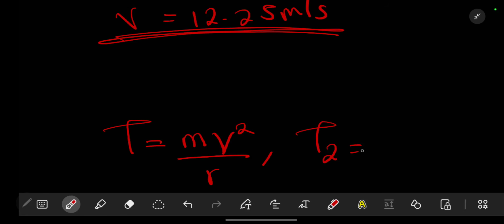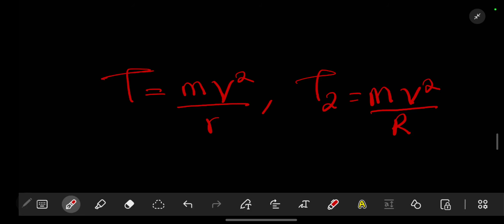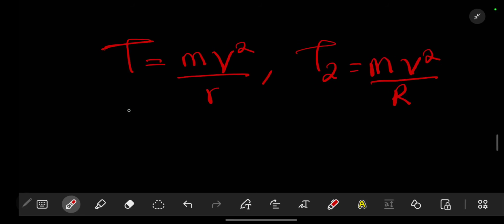Let's say T2 is equal to our mass, velocity squared over the major R. Now get this. The maximum tension here is 50. That means we can say the radius that is producing this 50 is 1.5. Let's see what happens.